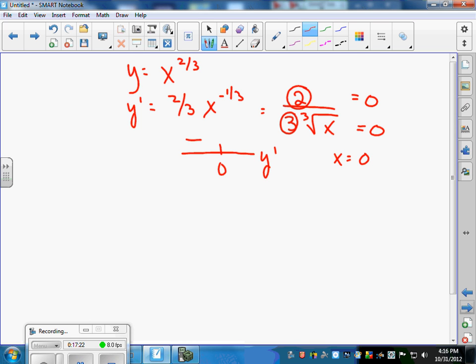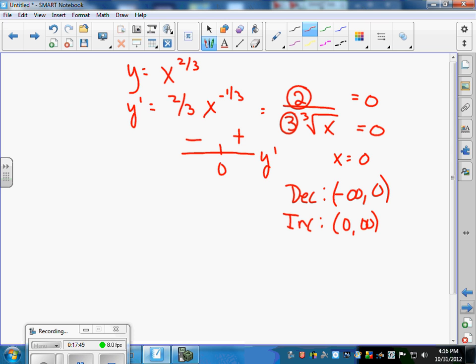Pick something bigger than 0, and since we're doing cube roots, pick a nice number, something I can take the cube root of. So let's do 1. You get a positive on the top and a positive on the bottom, so I get positive there. So I know that this thing decreases from negative infinity to 0 and increases from 0 to infinity.